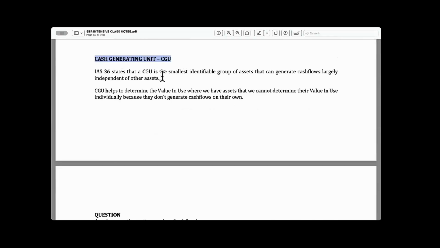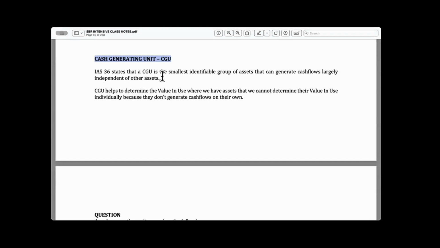This is applicable where assets do not generate cash flows individually, assets like air conditioners, furniture and fittings, which need to be tested for impairment, but you cannot determine their recoverable amount.